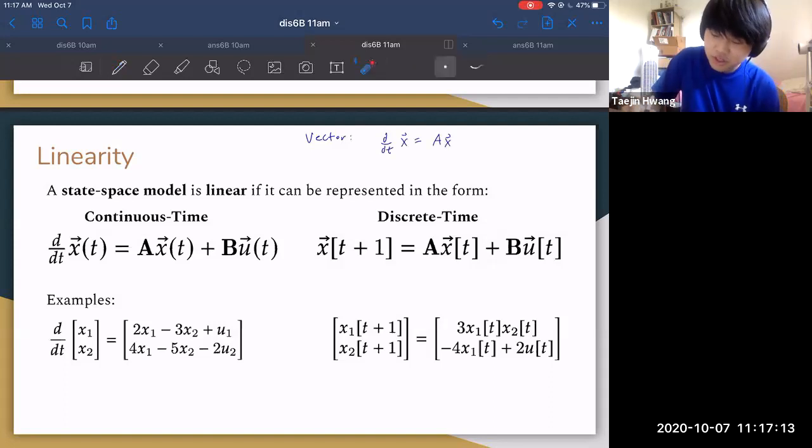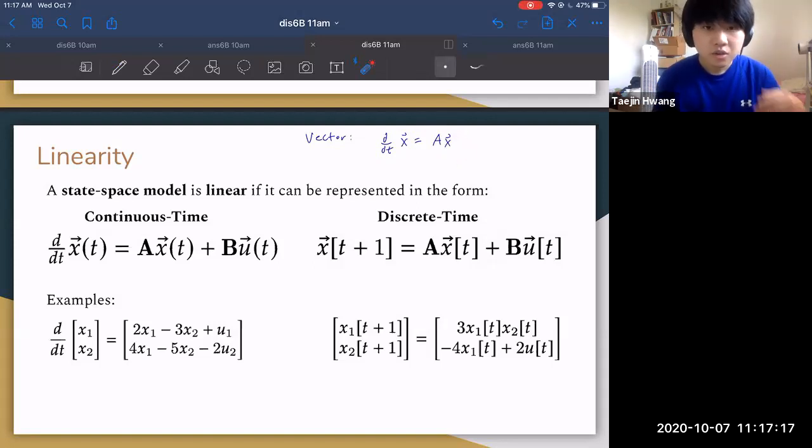This was an example of a linear state space model, but as we're going to see, not every state space model is linear, and a lot of behavior in the real world is nonlinear. So we're going to need to understand both linear and nonlinear systems at the same time.